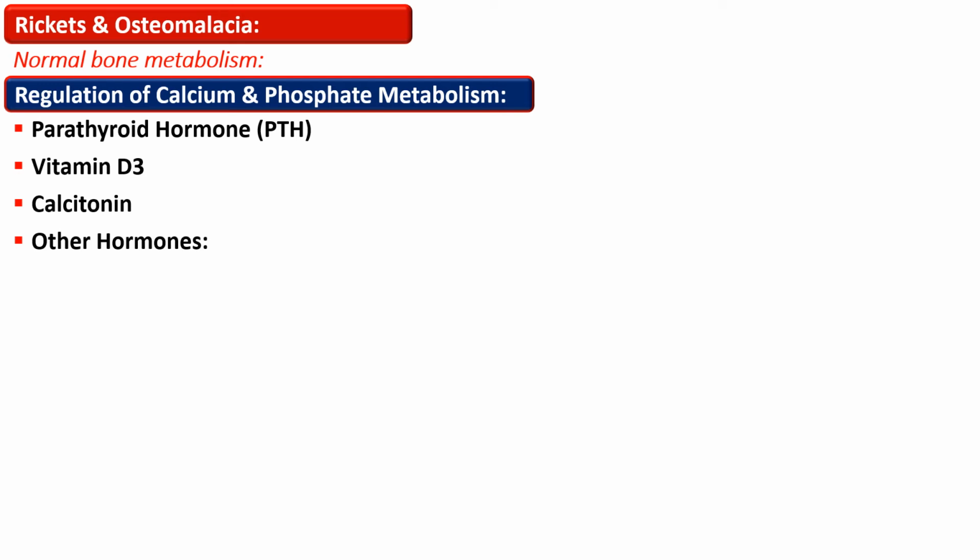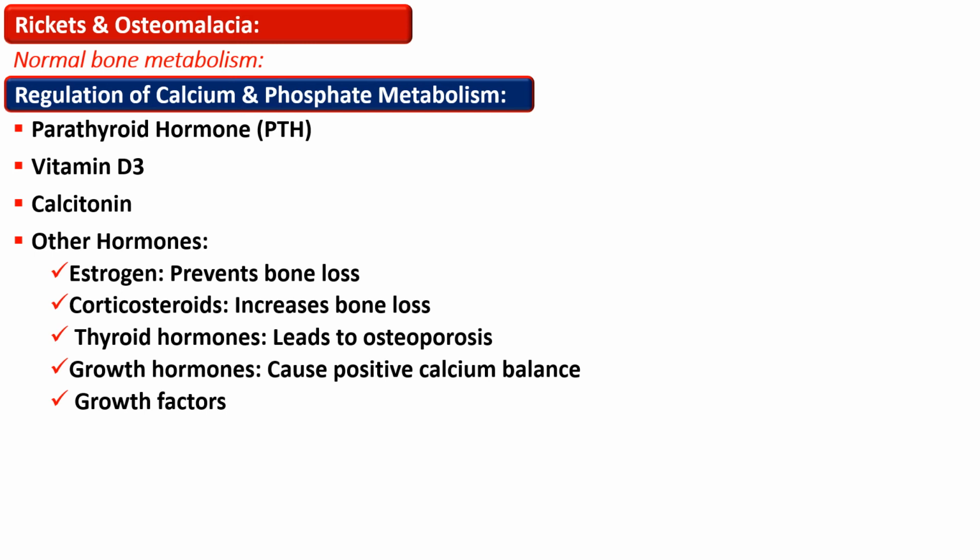Now, regulation of these two important minerals, calcium and phosphate, is through the interplay of important characters such as parathyroid hormone, vitamin D3, and calcitonin. Besides these three important actors, other hormones are also involved, such as estrogen, corticosteroid, thyroid hormones, growth hormones, and various other growth factors.